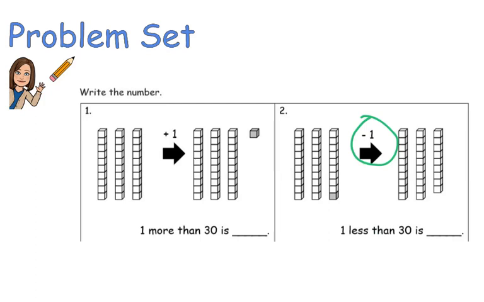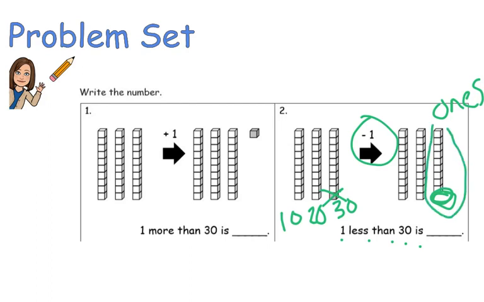Okay, so let's count. We have 10, 20, and 30. One less than 30 is, so we're taking this block away. Do you see how this block is now missing? So that is not a group of 10 anymore. We have to count those as the ones now, because it's not 10, because we took one away. How many do you think are in this stack now?